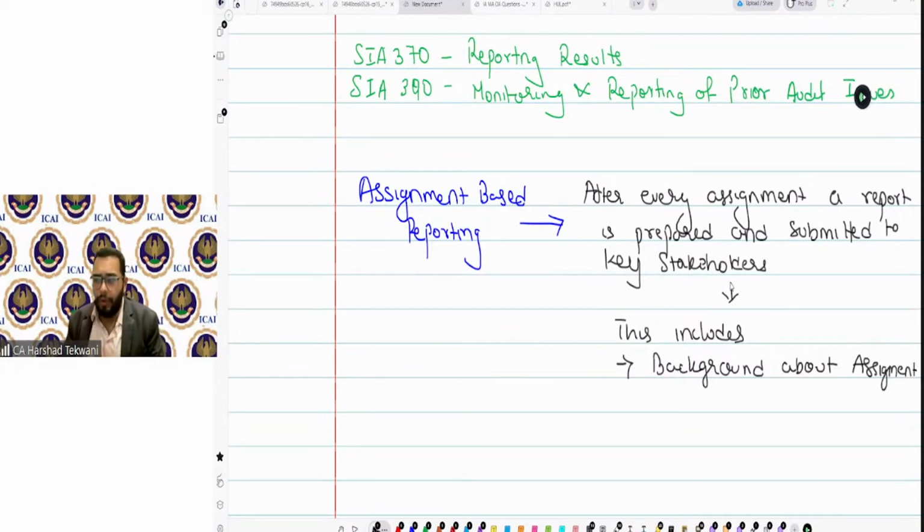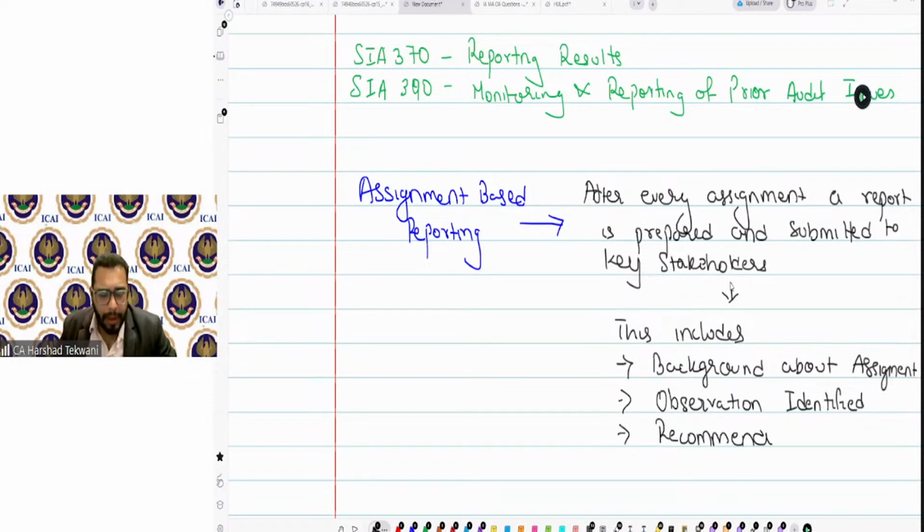I'm just giving an overview of what that report generally covers. A detailed format I'll cover in some time. Then come the recommendations, a very important part, on how to mitigate and remediate those observations.